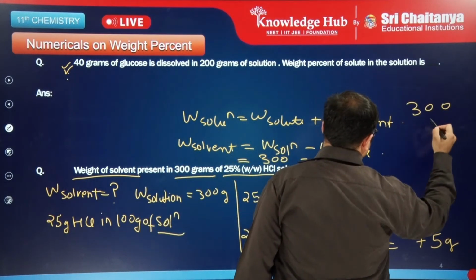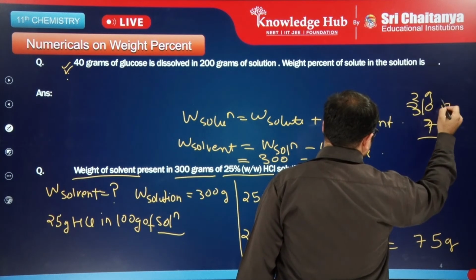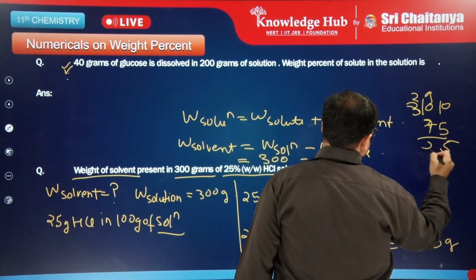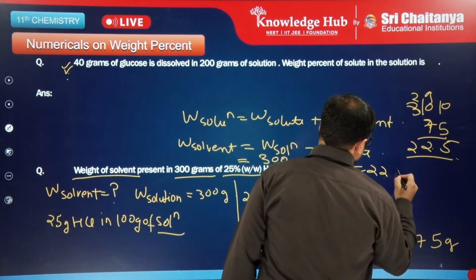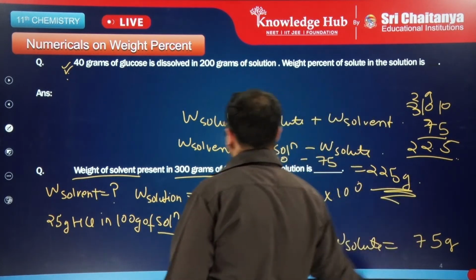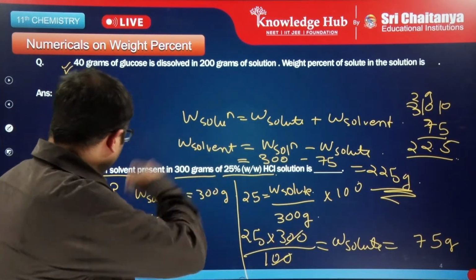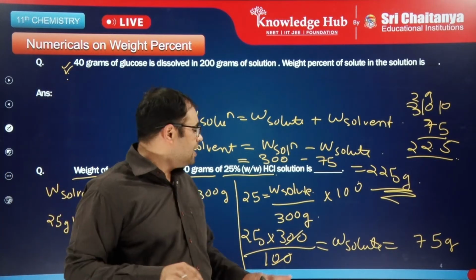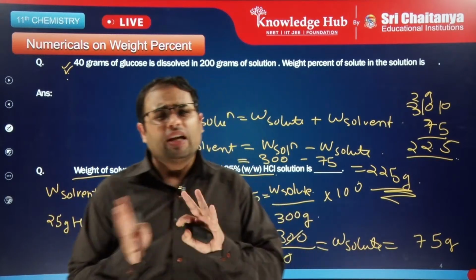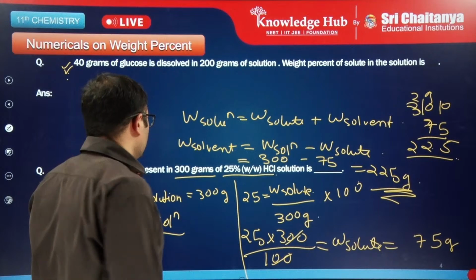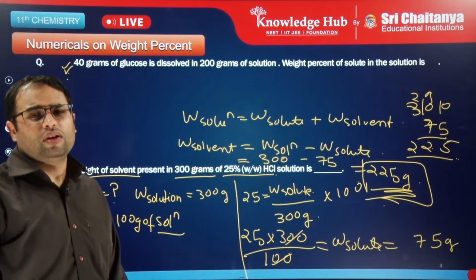So if you subtract 75 from 300, we get 225. So weight of solvent is 225 grams. In that way, questions can be asked directly or indirectly, where any one of these, like the weight of solute, weight of solution, or weight of solvent, can be asked. So the answer is 225 grams.